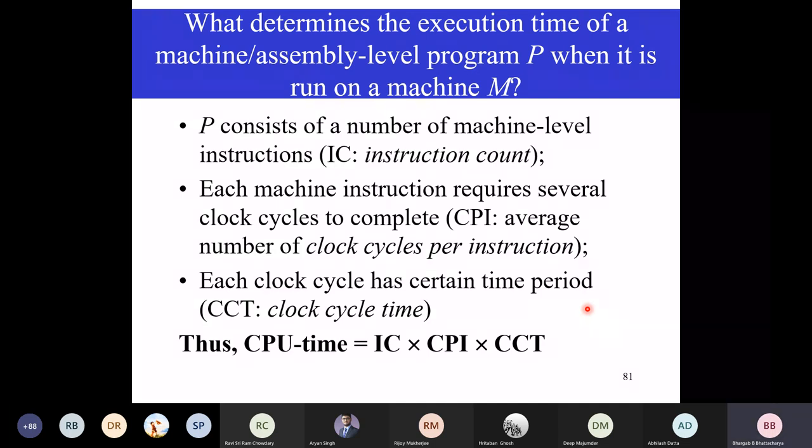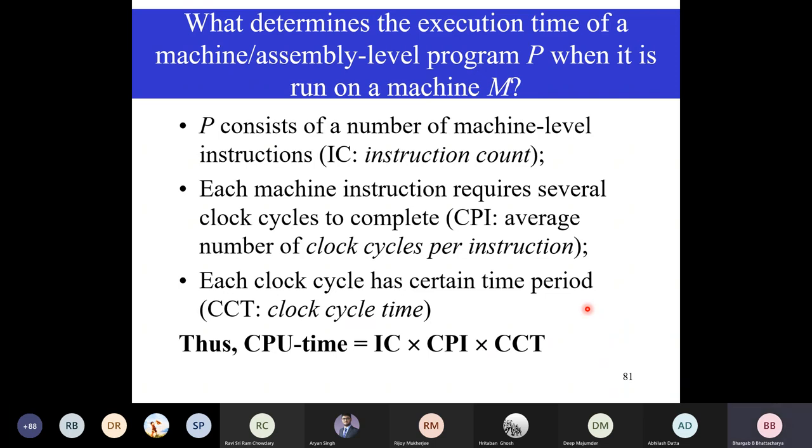So if you can write a program such that after compilation and assembly language translation the number of instructions becomes fewer, then it might have an impact on the CPU time, right? If the CPI value, the average number of clock cycles per instruction, becomes smaller, then the CPU time would be improved. Similarly, if the clock cycle time is reduced, then the CPU time would decrease.